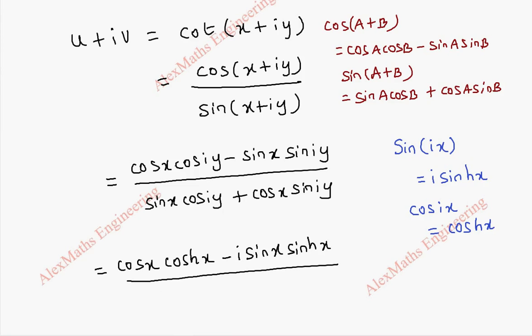Whole division, same thing, sin x cosh y. Actually this is y, even here also it is y, because we are having the terms in terms of y. So cosh y and sinh y, and plus this i will come outside. So i into cos x as it is, sinh y.